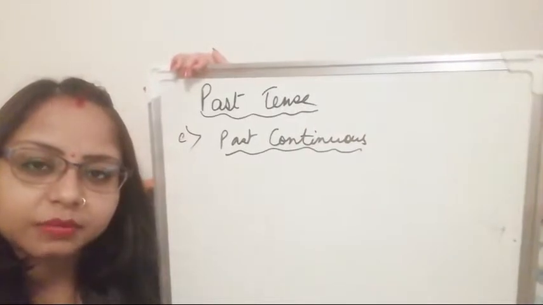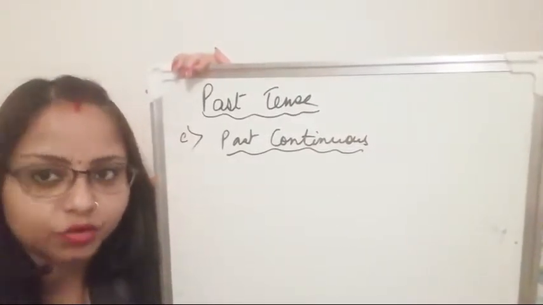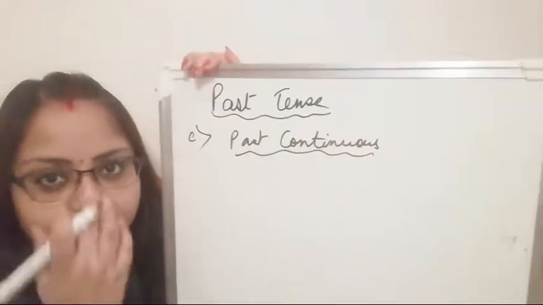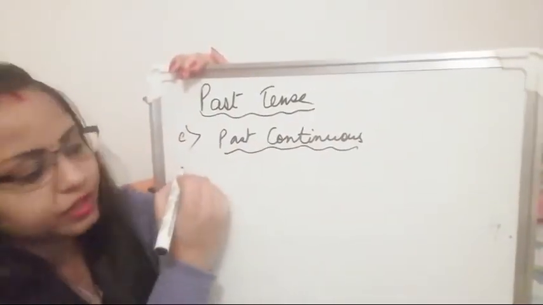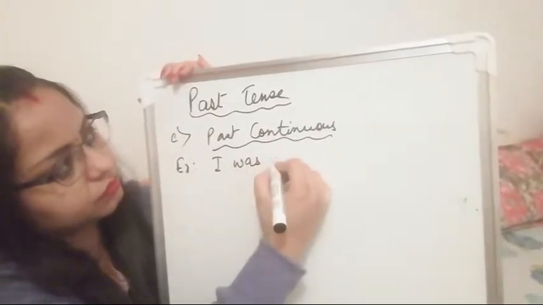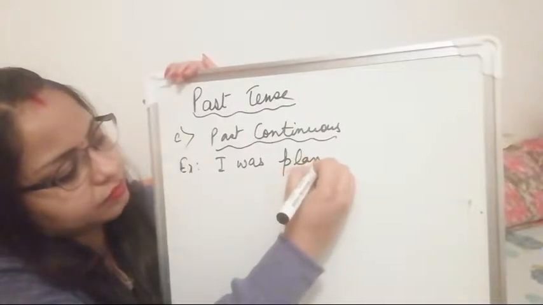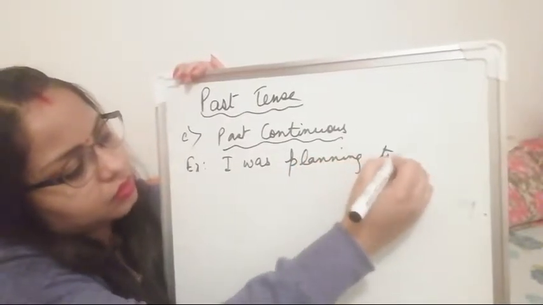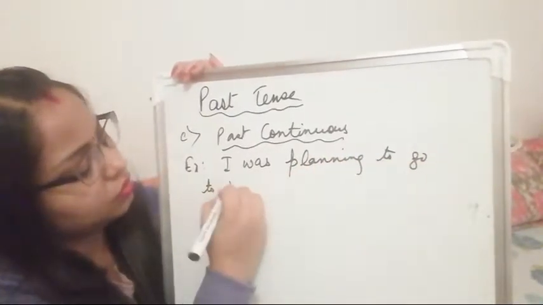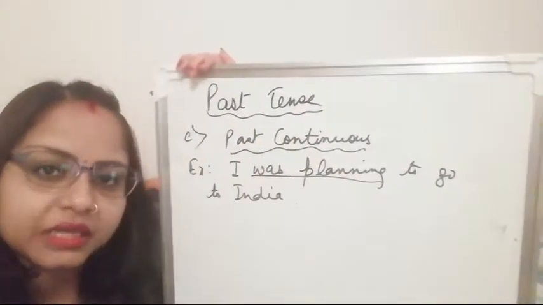So by the term continuous, we can understand an action that was continuing in the past for a certain span of time and then it stopped. For example, I was planning to go to India. I was planning to go to India.